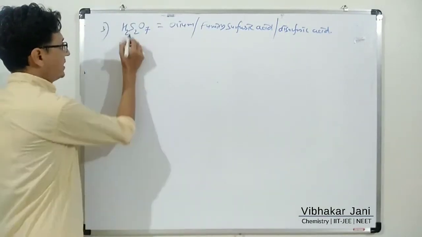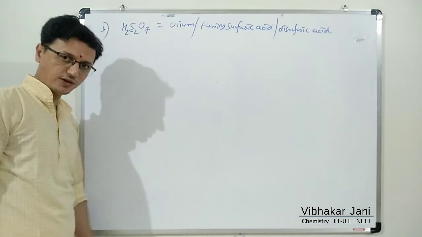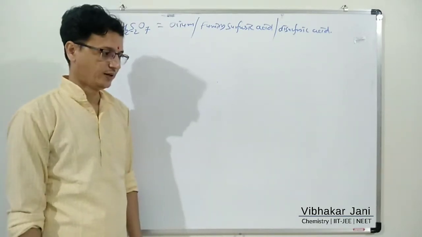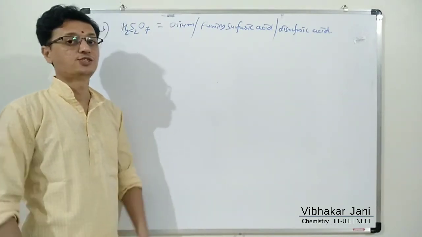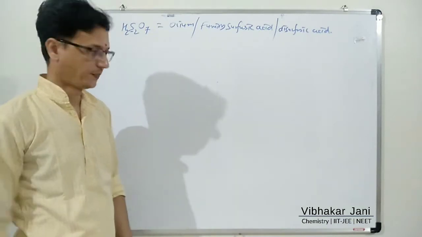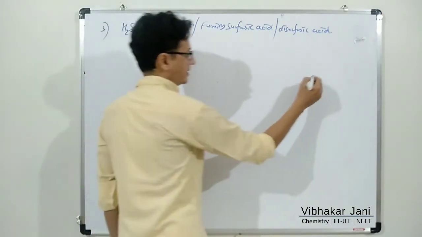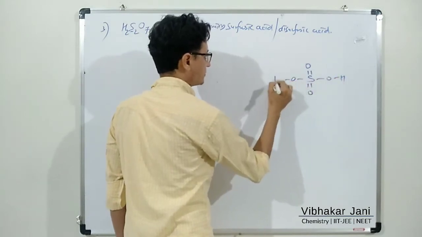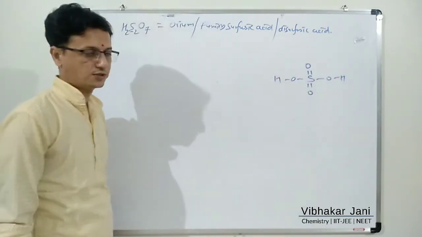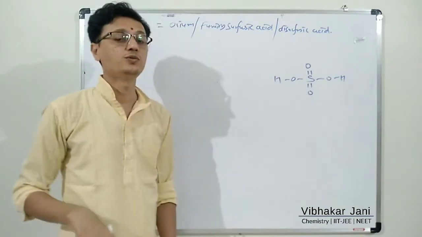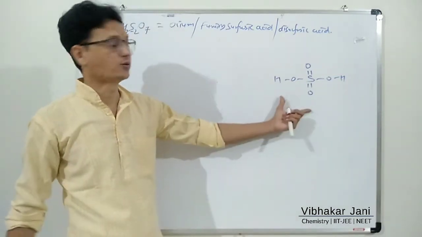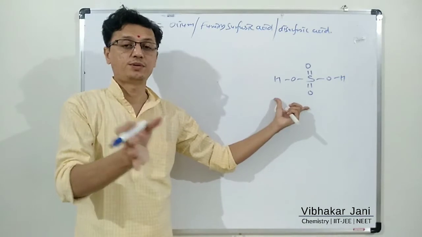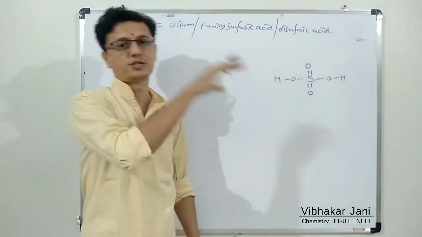And if we want to find the oxidation state of this sulfur, then also we have to write the structure of this. So first of all, this is the structure of sulfuric acid. You have to remember this. As I told you that you will be able to draw such kind of structure after learning the chapter chemical bonding and molecular structure.